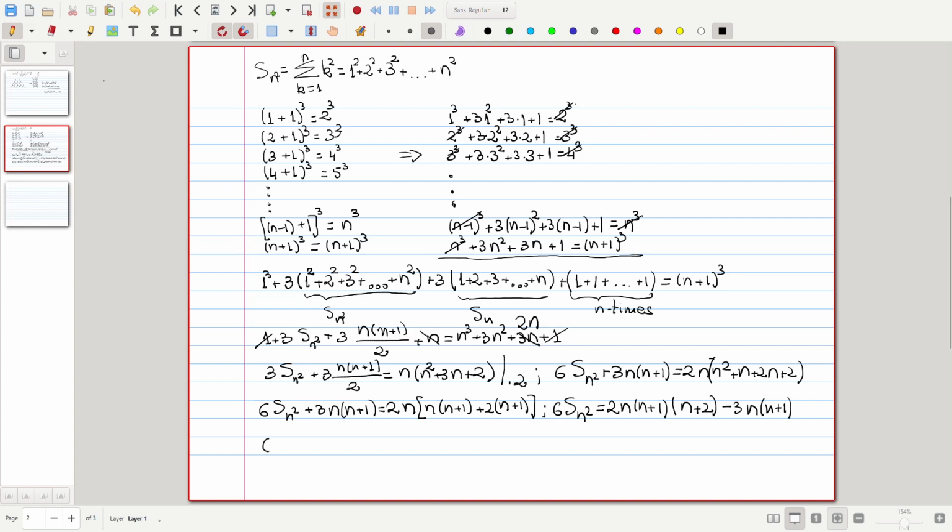And then I have 6 Sn squared equal to n multiplied by (n plus 1) multiplied by (2n plus 4 minus 3).